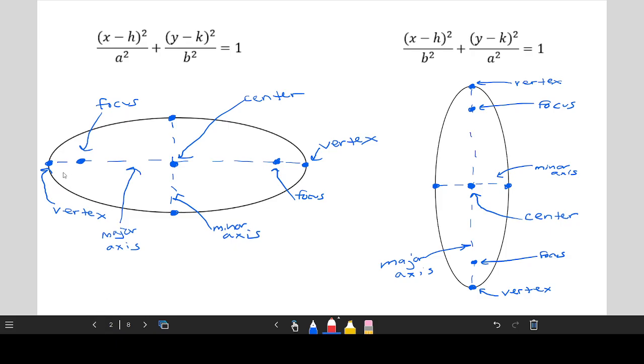So the major axis goes all the way from one vertex to the other. That value a is half of that length. So basically from the center to a vertex, that distance is a. And that distance a is going to be horizontal if a is underneath x, and vertical if a is underneath y.